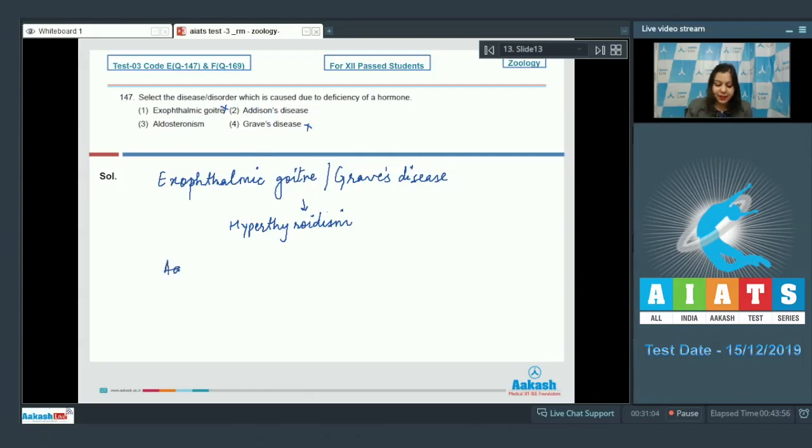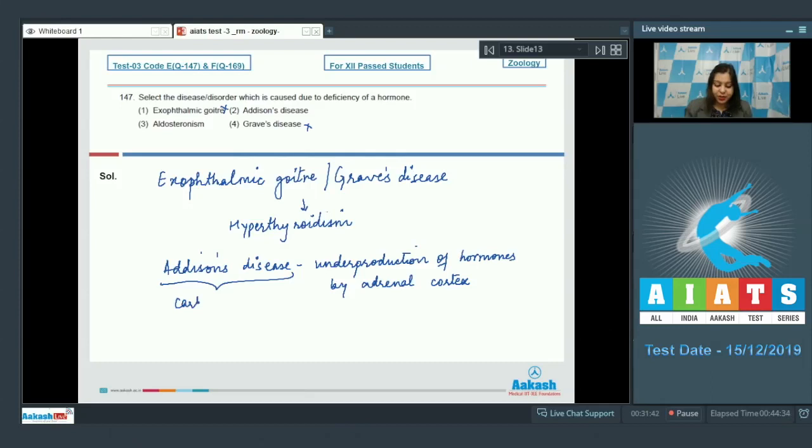Option number 2, which is Addison's disease, occurs due to underproduction of hormone by adrenal cortex. In this disease, there is disturbed carbohydrate metabolism. Therefore, this is a deficiency disease. Let us see the next option.